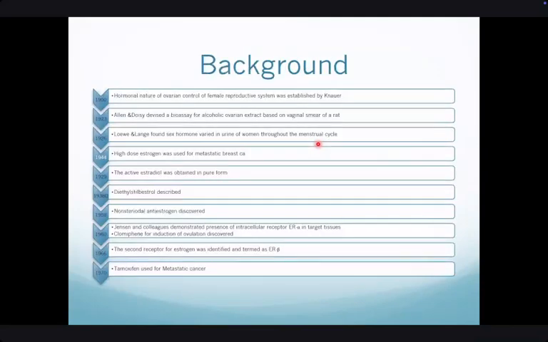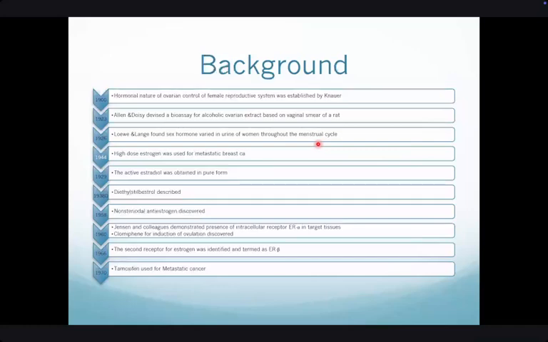Just to go on the background, around 1900, the hormonal nature of ovarian control of the female reproductive system was established. In 1923, a bioassay for alcoholic ovarian extract was developed based on the vaginal smear of a rat.